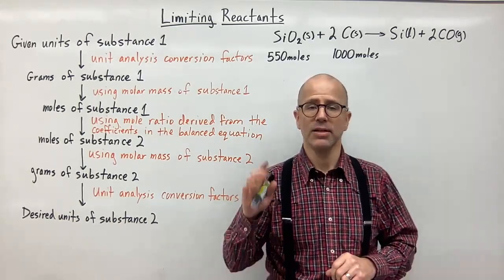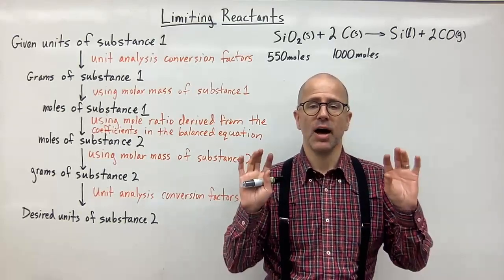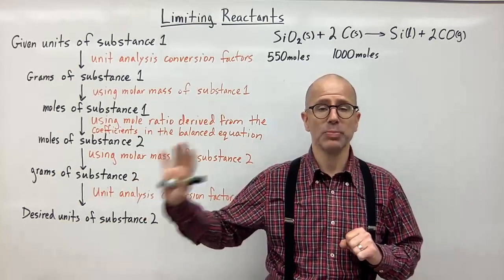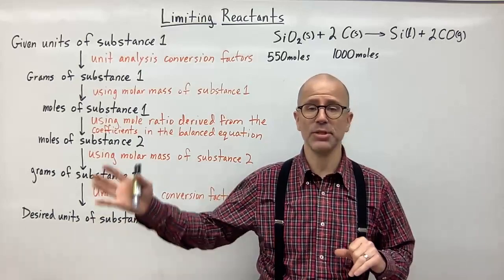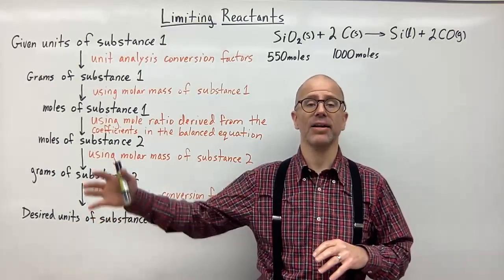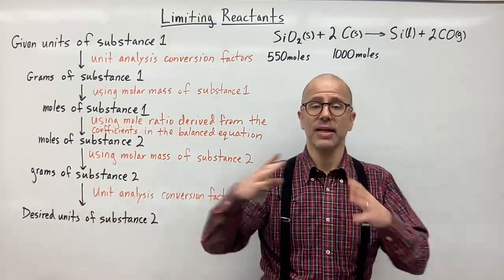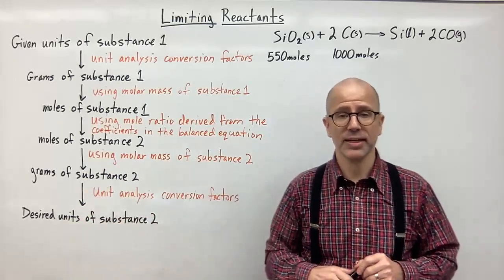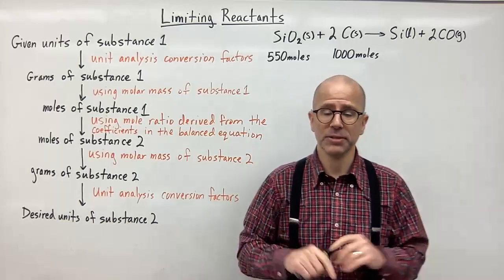Okay, so with chemical reactions, the limiting reactant will determine how much product I can make, in the same way that the limiting ingredient will determine how many sandwiches I can make. I can't make any more sandwiches beyond what the limiting reagent dictates because I will run out of that limiting ingredient first. So that's the idea for a limiting reagent.